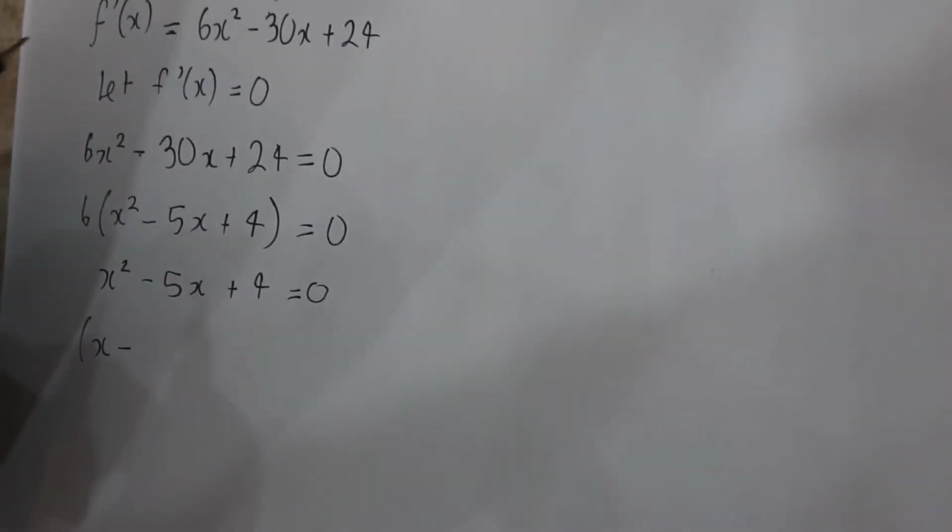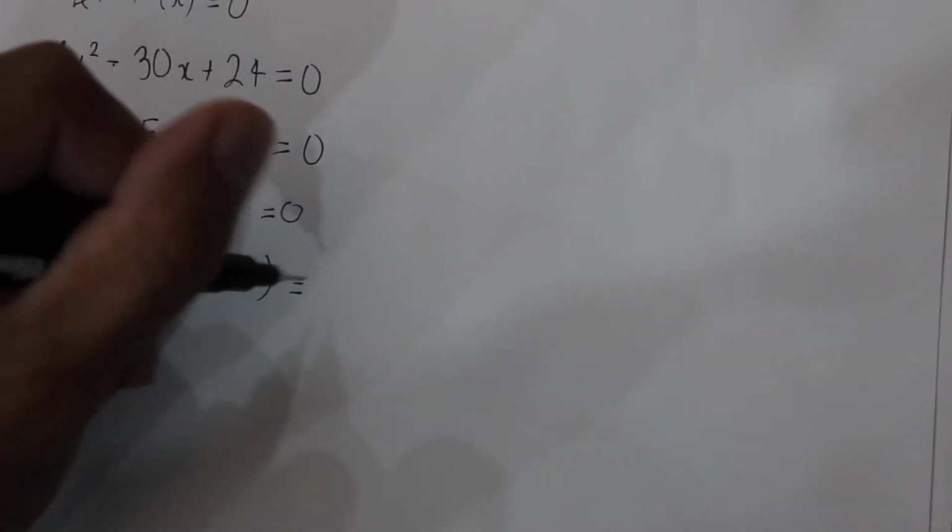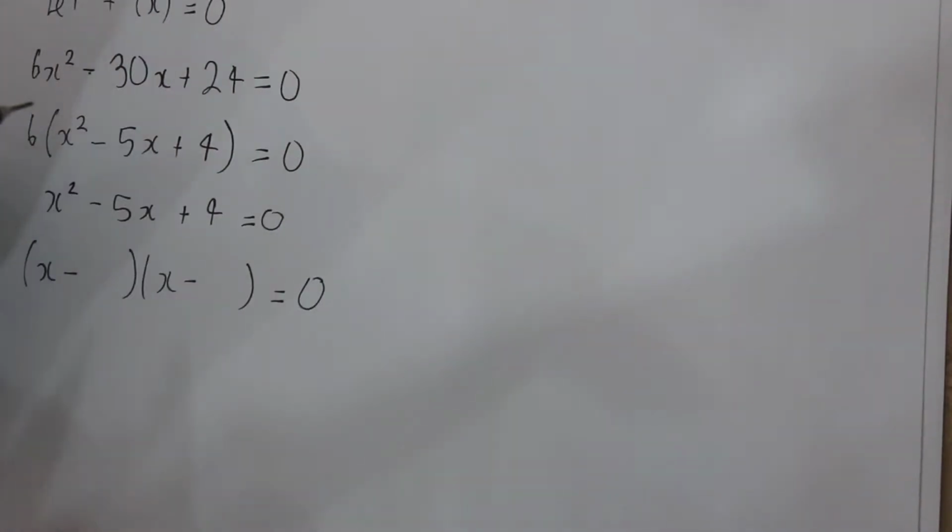Now we need to factorize this, so we see which two numbers add to give negative 5 and multiply to give positive 4. We know the signs are both going to be negative, to give a negative addition and a positive multiplication.